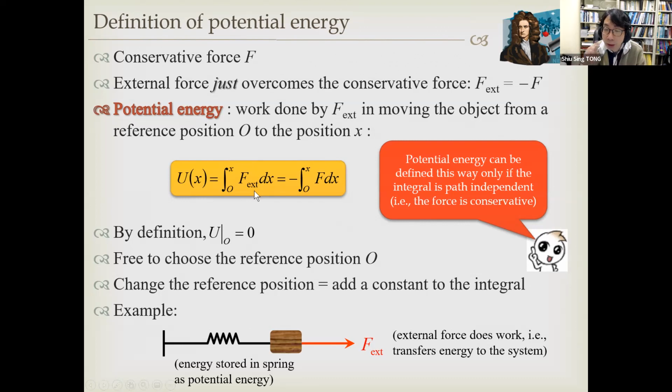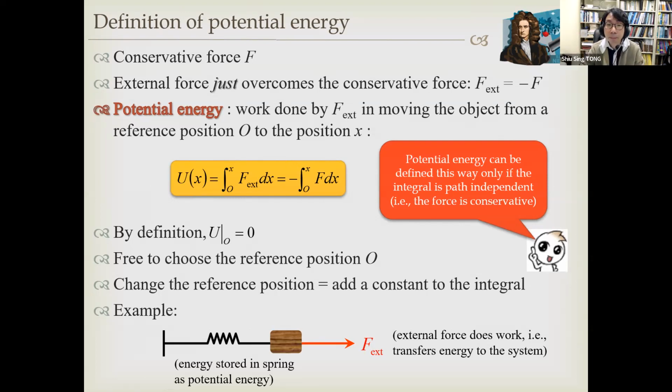You can choose whatever position you like as a starting point. But the important thing is the work done by the external force in moving the object to the final position X is defined as the potential energy at that final position.